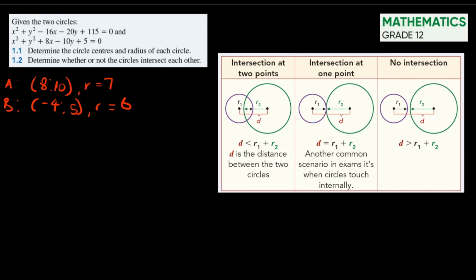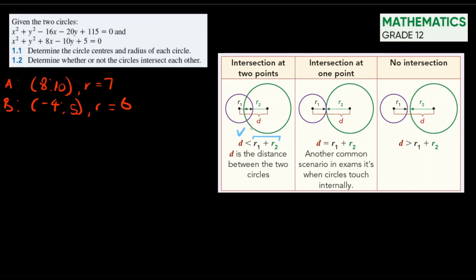Now we need to investigate what is happening with these two circles. If we cast our eyes onto this diagram, we have intersection at 2 points. If the circles intersect at 2 points, D is the distance between the two centers, which you can calculate with the distance formula between the two coordinates. If you add the two radii and find that the sum is greater than the distance between them, it means the circles intersect at 2 points.